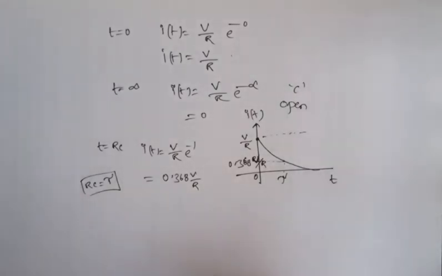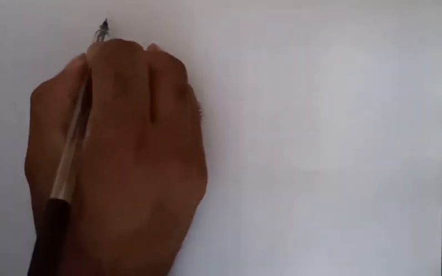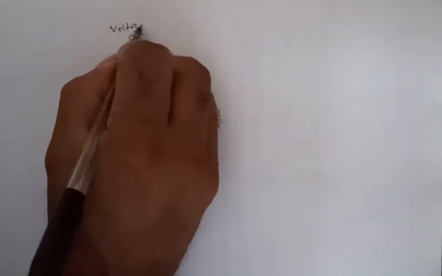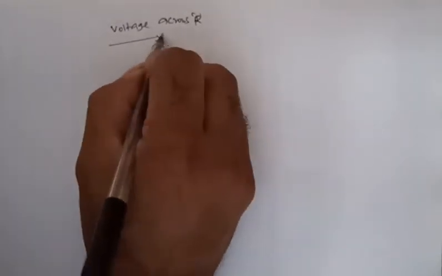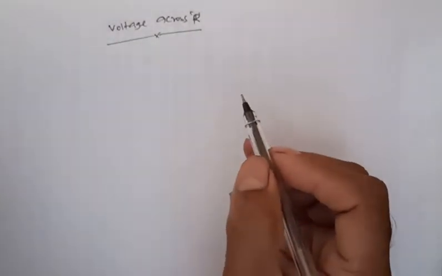Next, let us take down what are the voltage conditions or voltage levels at resistors and capacitors. Okay, now let us take down the voltage across resistor.